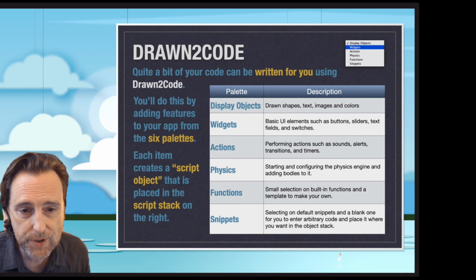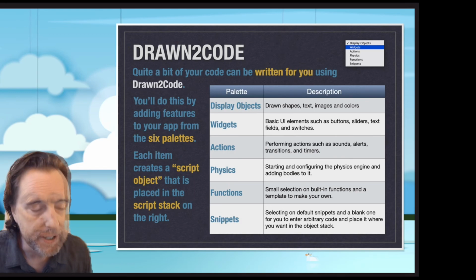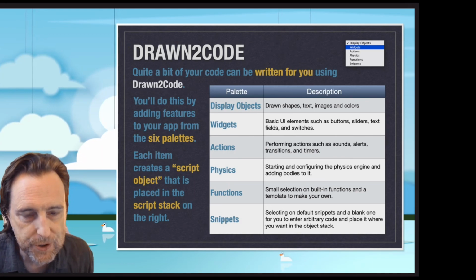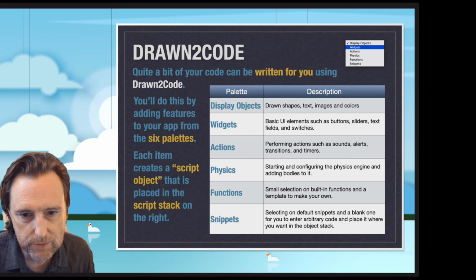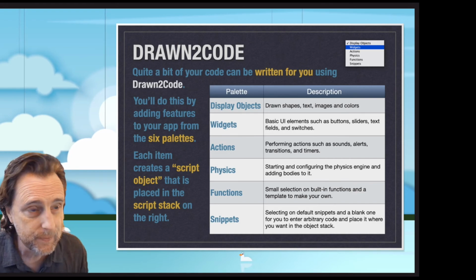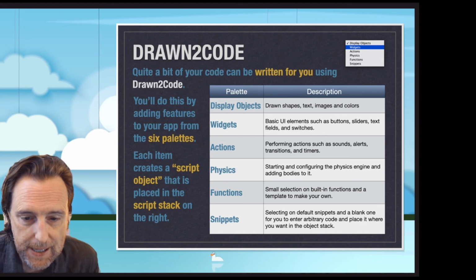So there is at this point 6 what I call palettes, although I don't know if that's the best word, that contain features that you can add to your app. So it's display objects, which is what we cover next, widgets, actions, physics, functions, and snippets. There obviously are more palettes that could be there, but this is what's there now.